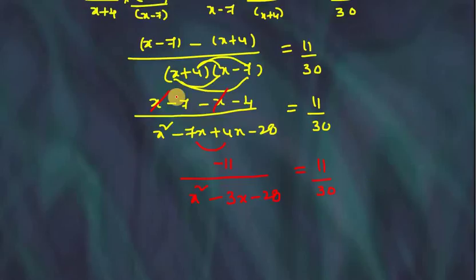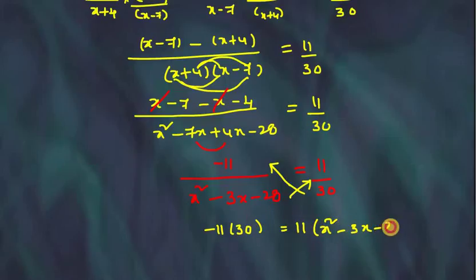So we got the a by b equals c by d form. To simplify this, we can go for cross multiplication. As you know, the cross multiplication follows like this: minus 11 with 30 is equal to 11 with x square minus 3x minus 28.